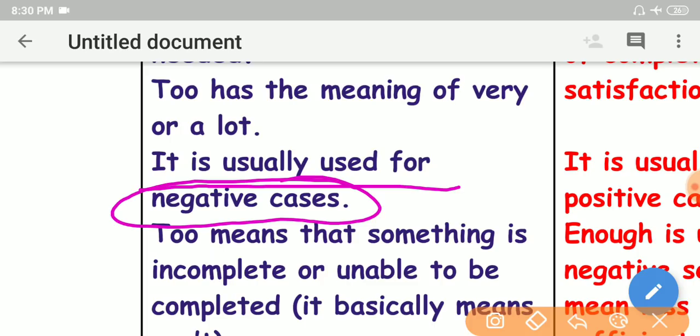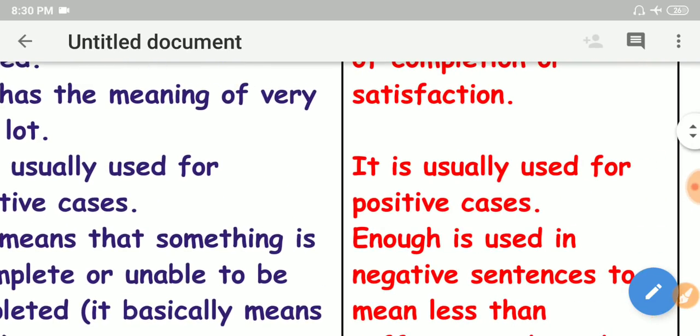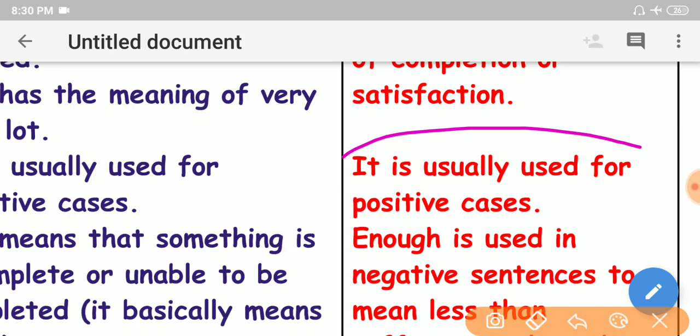For example, he is too short to reach the board. In this sentence we used too with the purpose of negativity. So that's why generally too is used for negative purpose, my dear friends. At the same time, enough is used for positive cases. I have enough money to pay the bills. Means this is a positive case.